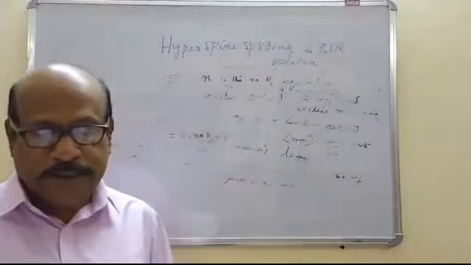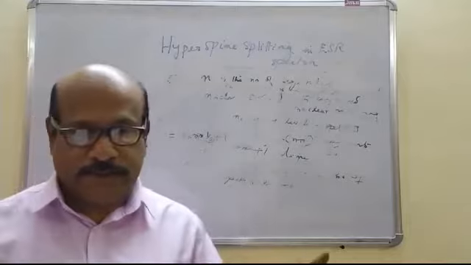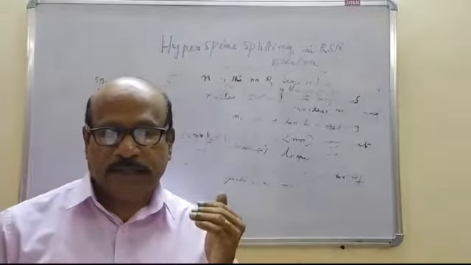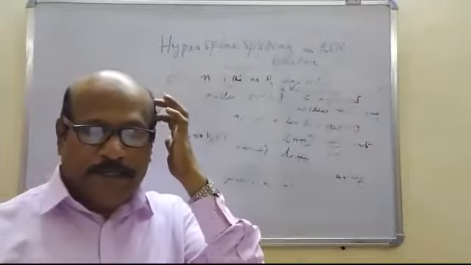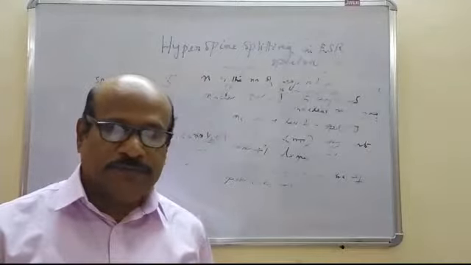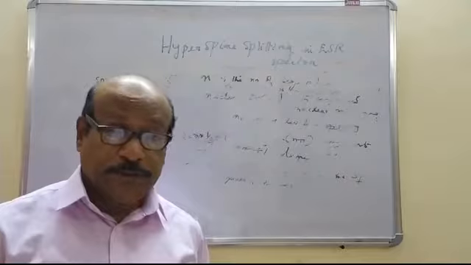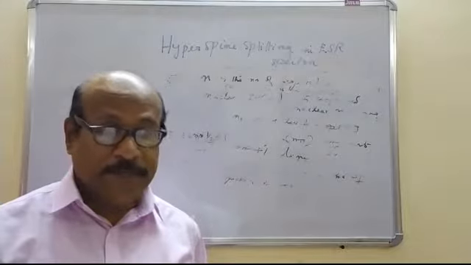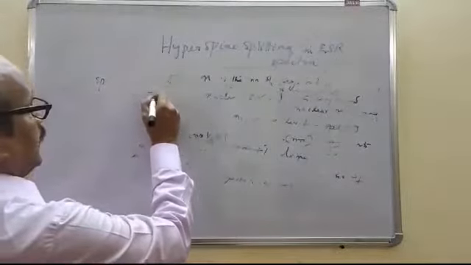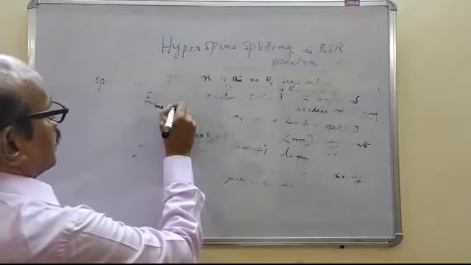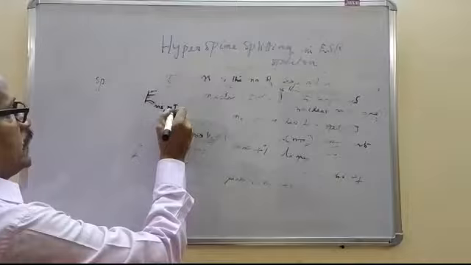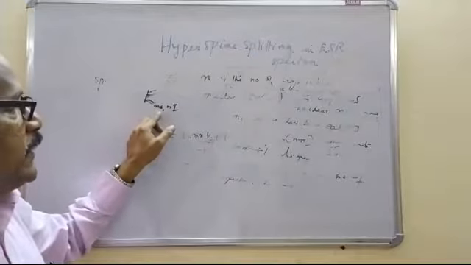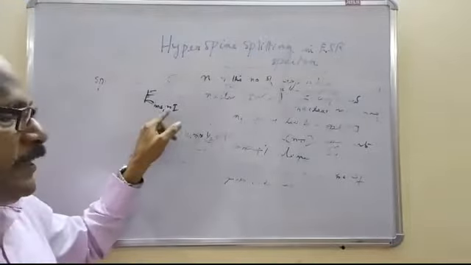Then the number of energy levels: the interaction between the Ms of the unpaired electron and the Mi of the nucleus results in the splitting of each Ms level into different spin energy levels E(Ms, Mi).